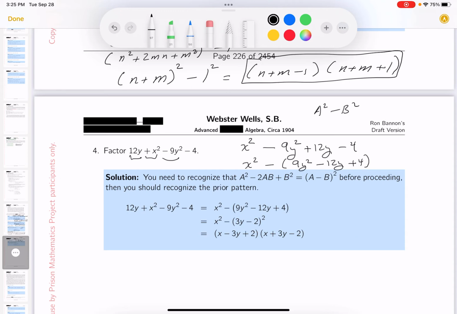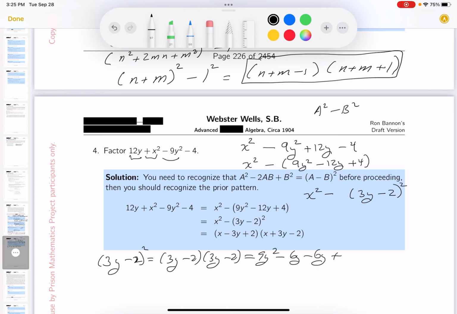Now the question is, is that a perfect square? Well, let's take a look. X squared minus, well, it looks like 3y minus 2 quantity squared. If you're a doubting Thomas, I want to point out to you, you should do this. 3y minus 2 squared means 3y minus 2 times 3y minus 2, and that's going to be 9y squared minus 6y plus 4.